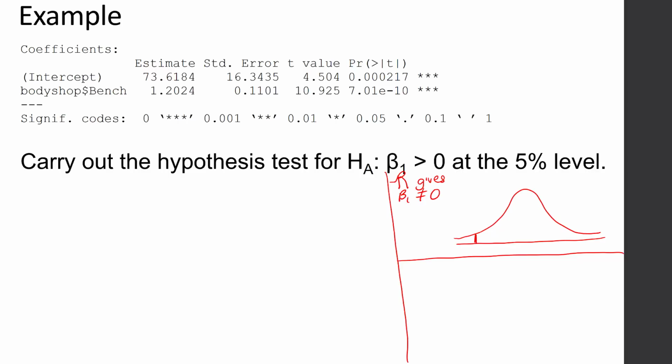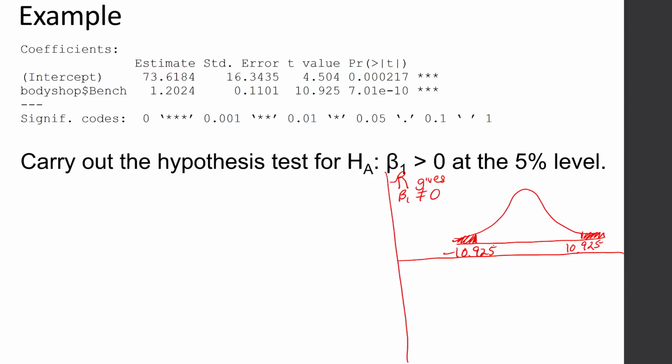And that means that it looked at the area to the right of positive 10.925 and the area to the left of negative 10.925. And it added those two areas together and said that it equaled 7 times 10 to the negative 10th.